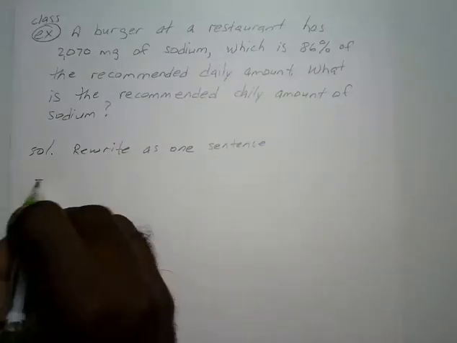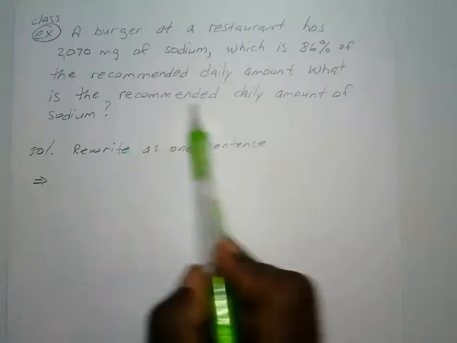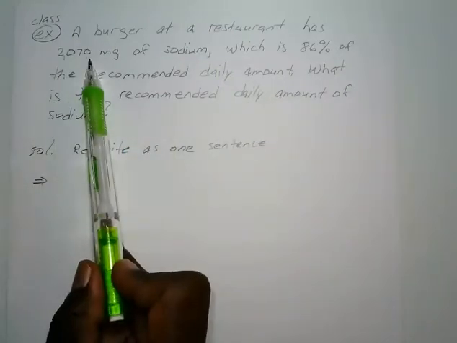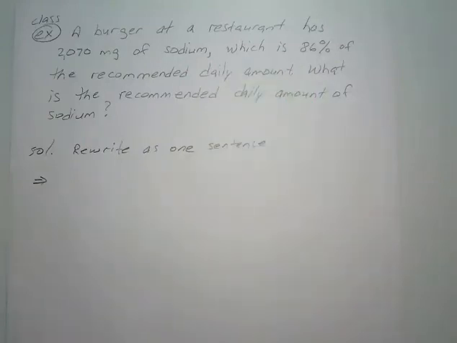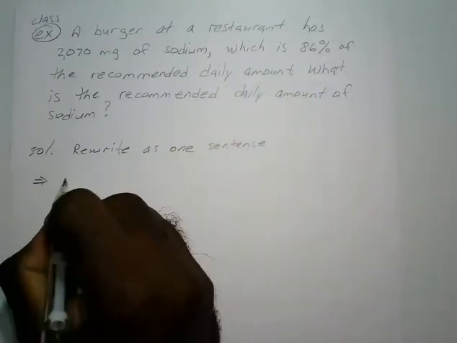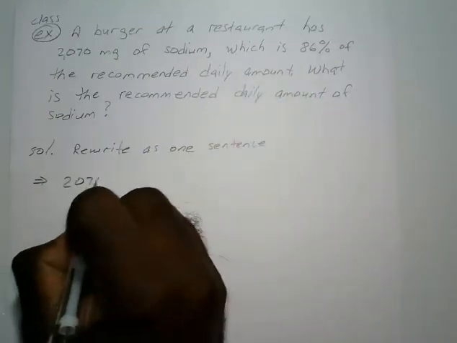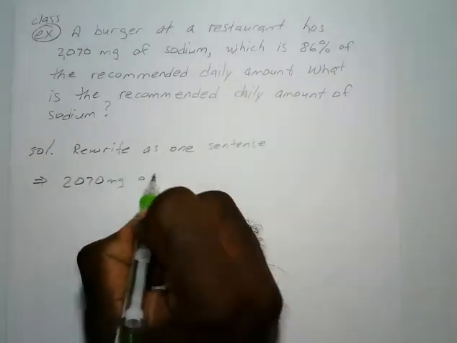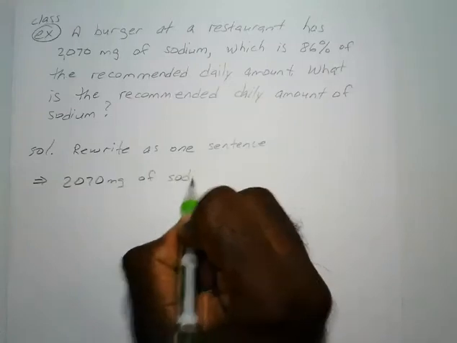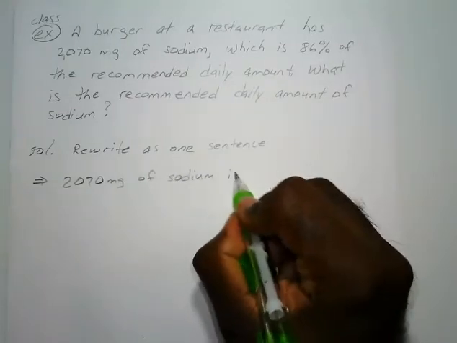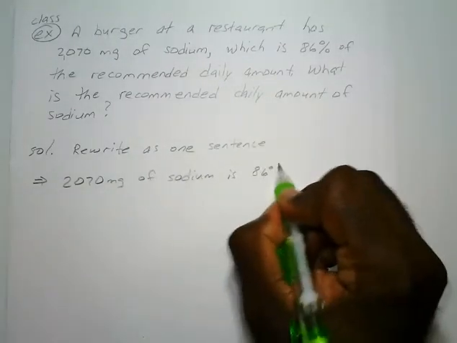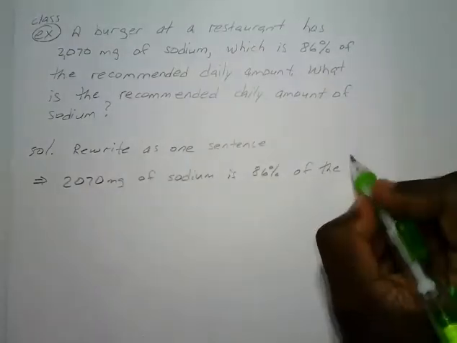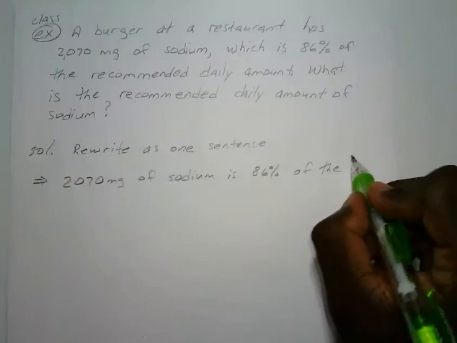Okay, so they're asking us what the recommended daily amount is. They gave us the sodium and the percentage already. So we know that 2,070 milligrams of sodium is 86% of the recommended daily amount.